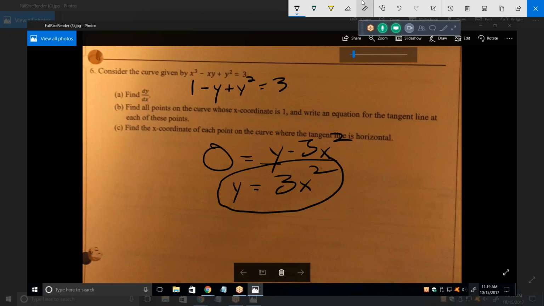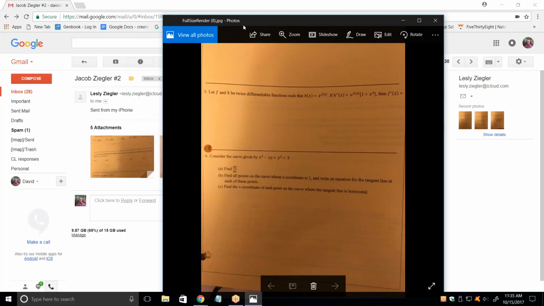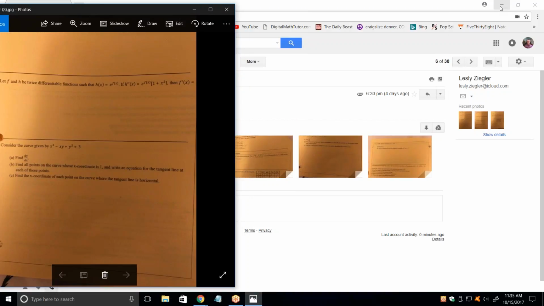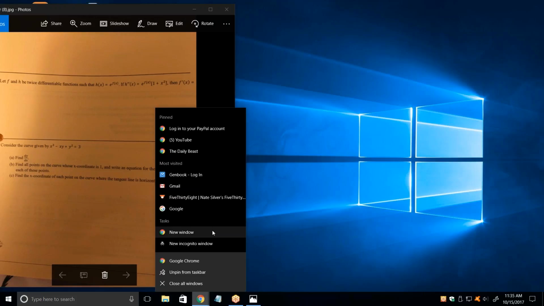I think it was 2 minus y. Was that it? I think so, yeah. Well, let's put this into Wolfram Alpha, graph it, and we can visually look and see where the tangent line is horizontal and maybe get a clue as to how to solve this.